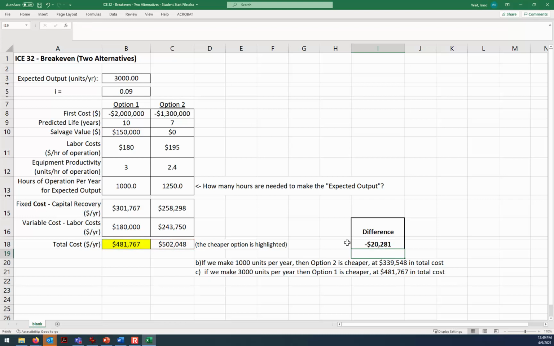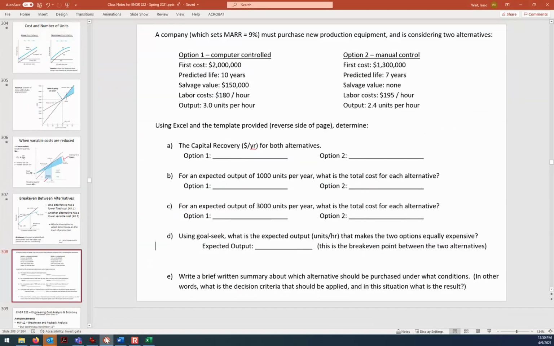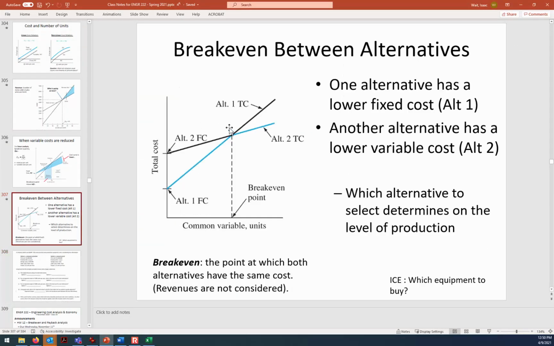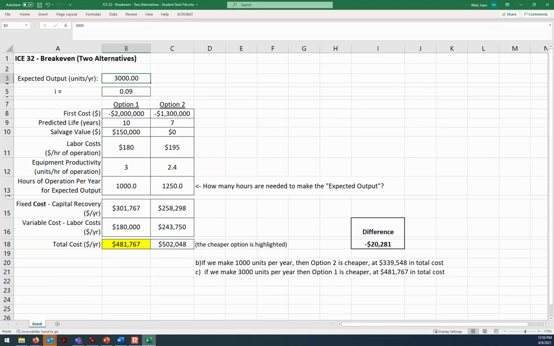So right now they're about $20,000 different because option 1 is $20,281 cheaper than option 2. We can do a GoalSeek so that we're looking for the difference to be equal to 0 by changing the outputs per year. And if we do that, it's going to identify this break-even point, the point at which they're both equally costly.